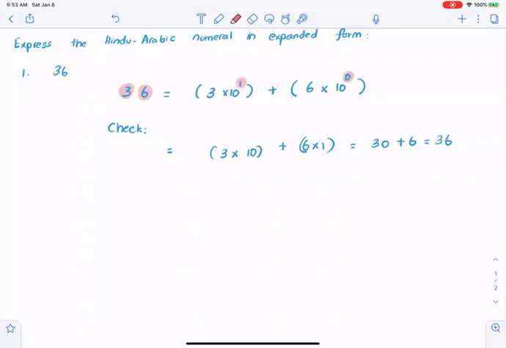If I had 300s, then I would go to 10 raised 2, 3000s, then 10 raised 3, and so forth.